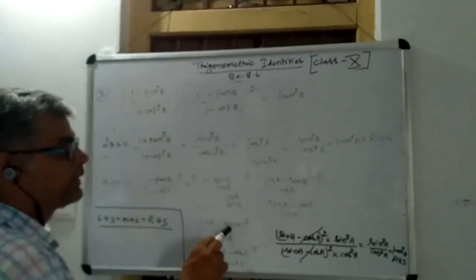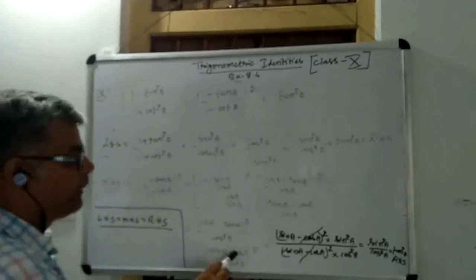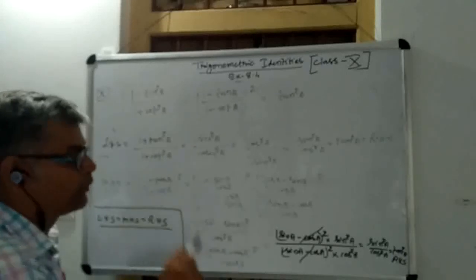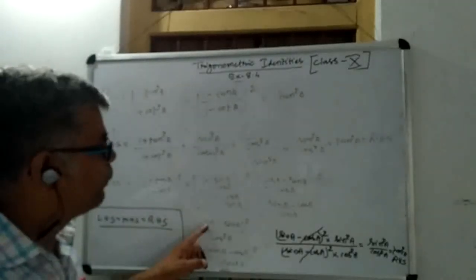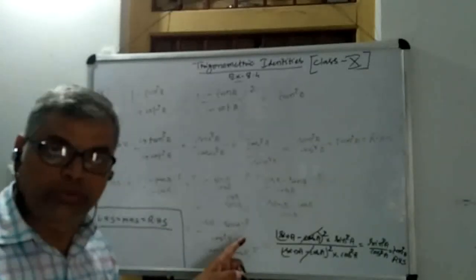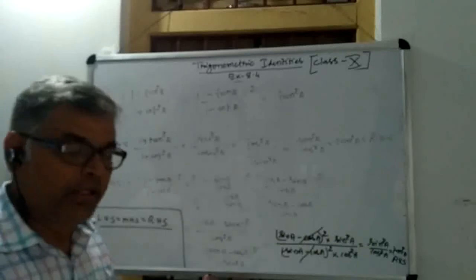So cos A minus sin A whole square by cos square A, by sin A minus cos A whole square by sin square A.